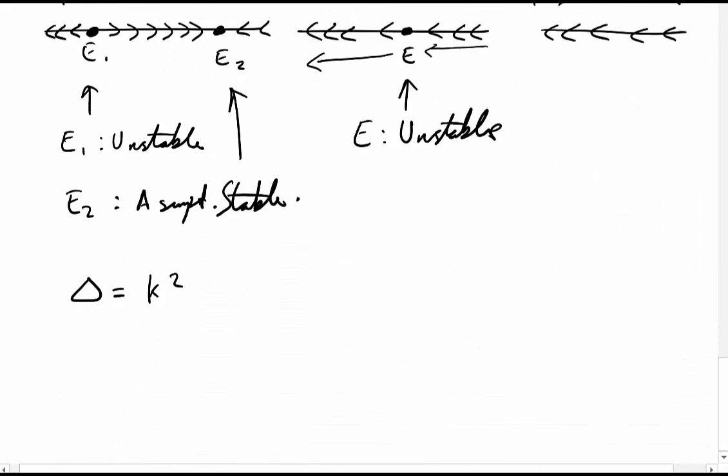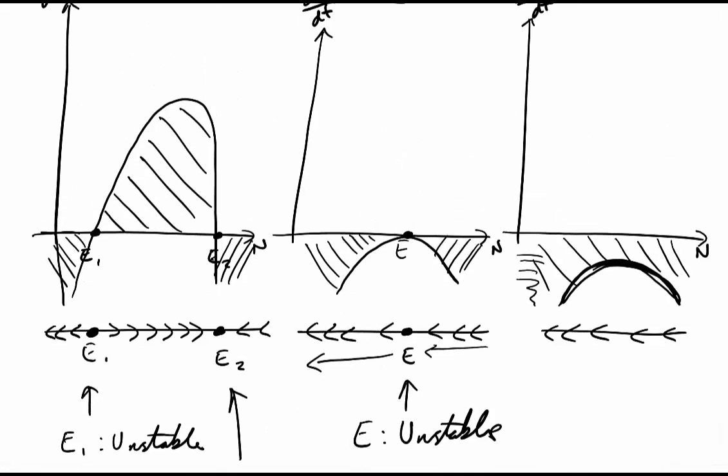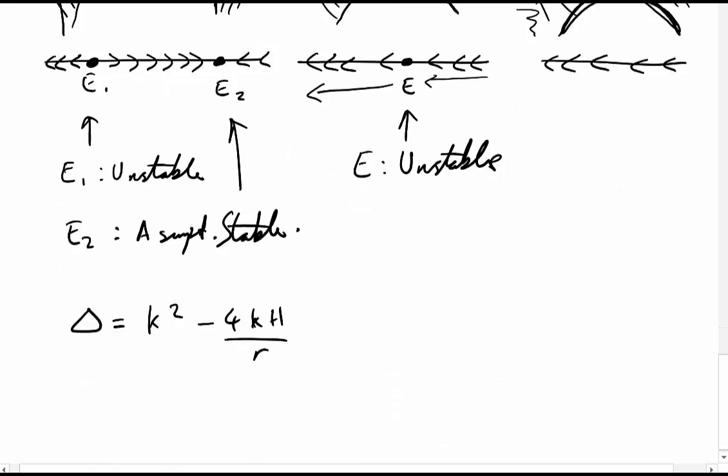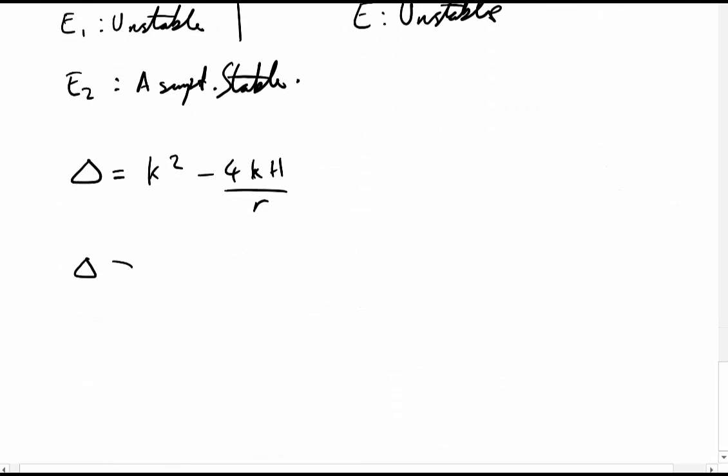Discriminant was k squared minus 4kh upon r. Okay? So in this first case here, we had the discriminant is greater than 0. So in other words, when the discriminant is greater than 0, we have k squared minus 4kh upon r is greater than 0. So let's try and rearrange that for h. So we'll take this on the other side. End up with 4kh upon r.